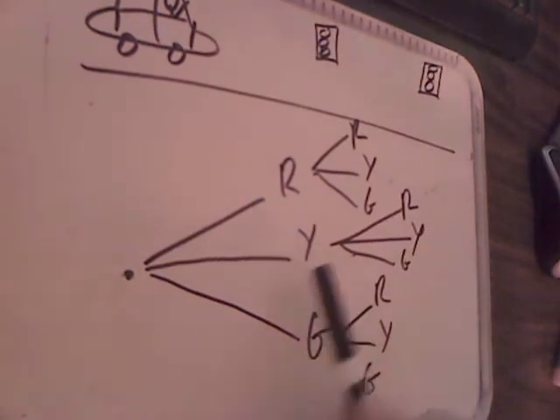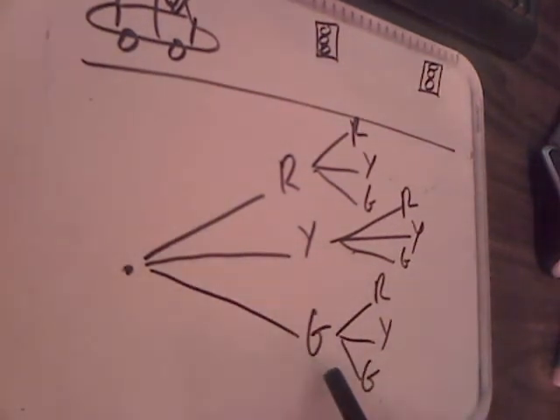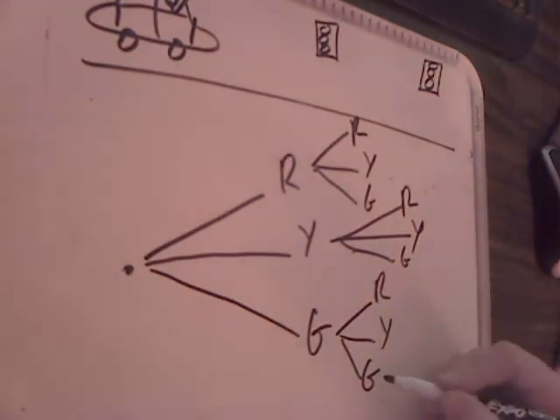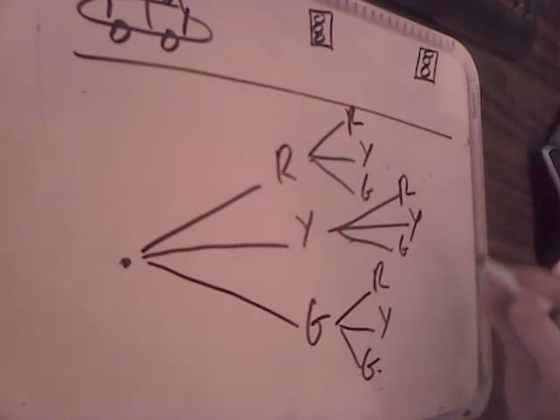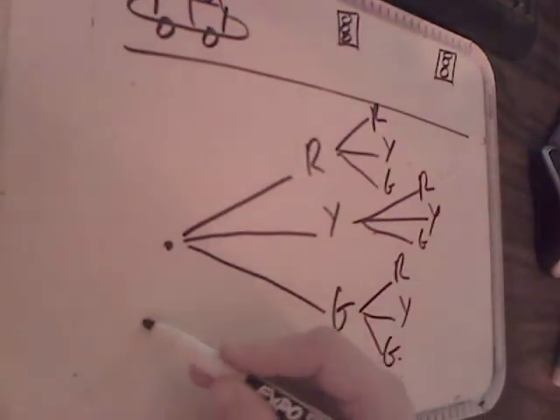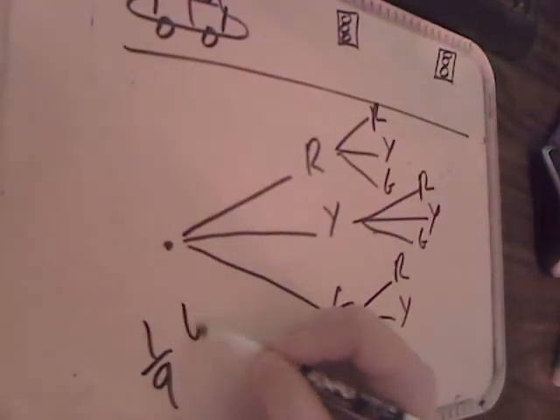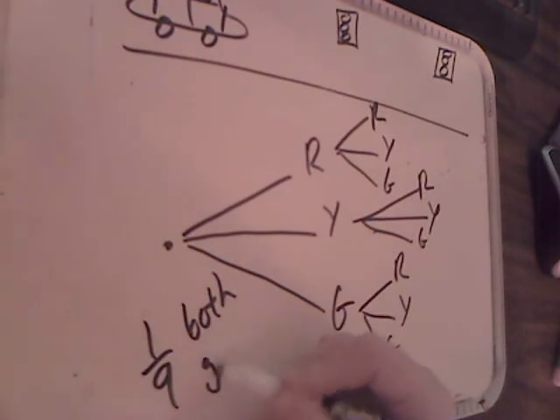Does this count over here? Yes, it does. That's part of what we want, but we want both lights to be green. Will this light be green? Nope. So that doesn't count. What about this one? Nope. This one? Yes. So we have a 1, 2, 3, 4, 5, 6, 7, 8, 9. We have a 1 in 9 chance they will both be green.